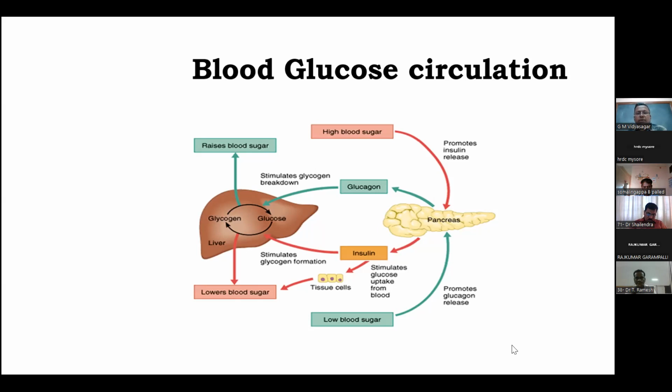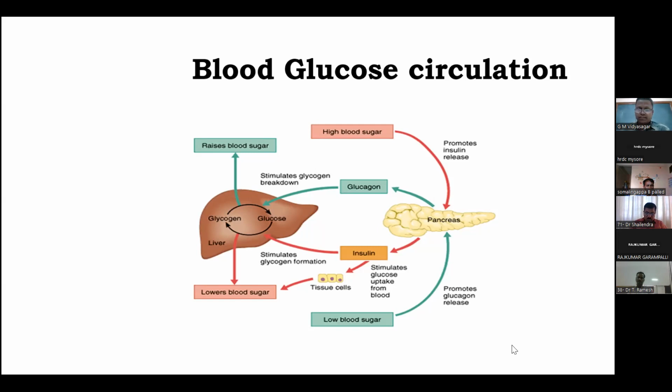So that means we have two hormones here. One is insulin, another one is glucagon. Insulin associates with the glucose, takes the glucose into the tissues and cells, and it is utilized. In an emergency, whenever the glucose level comes down, we have glycogen in the liver, and this glycogen is converted into glucose by the glucagon hormone, and again this glucose is used in metabolic reactions.